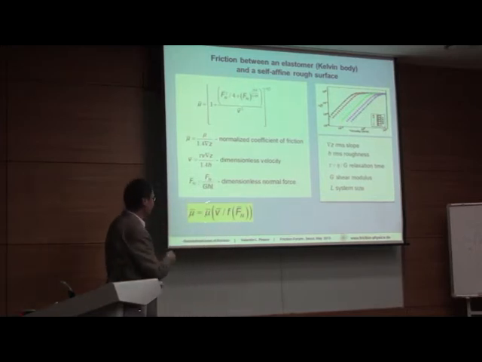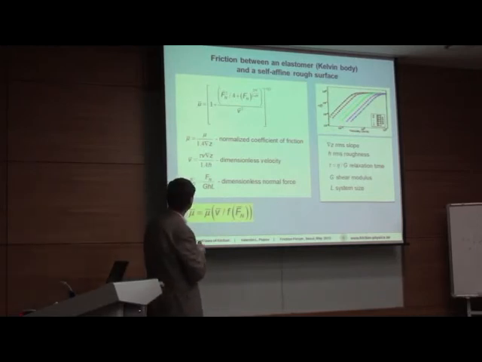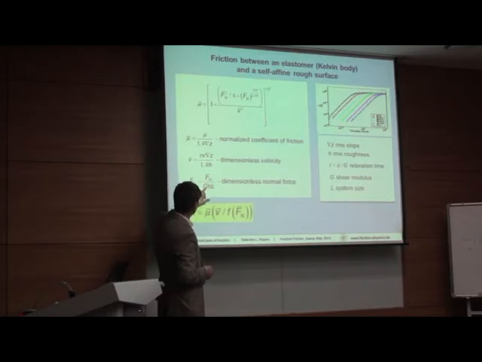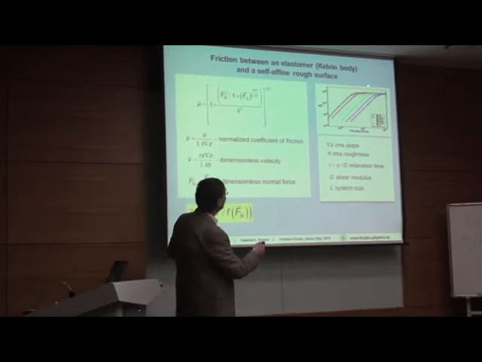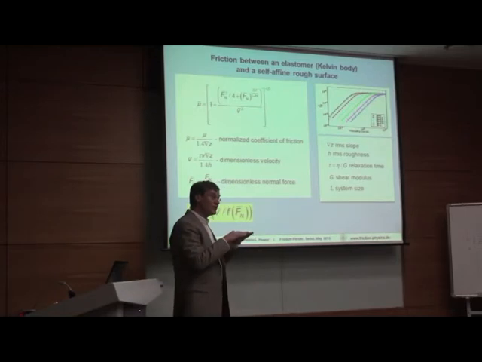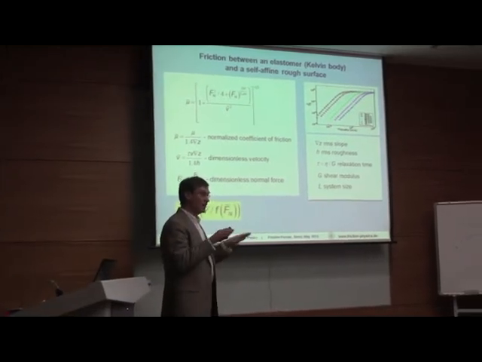I wrote it here. And what are the parameters? For example, the dimensionless force is force divided by the shear modulus, roughness, and the size of the system. If you are on this plateau, then you have something which does not depend on anything.